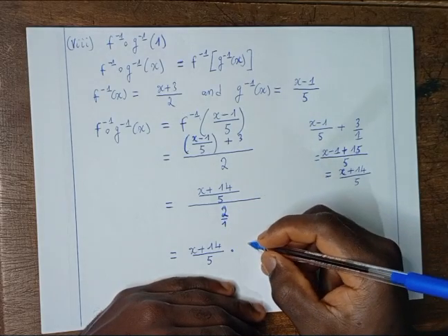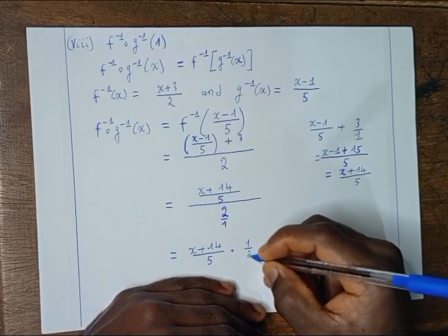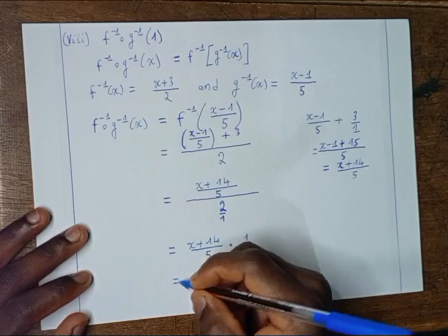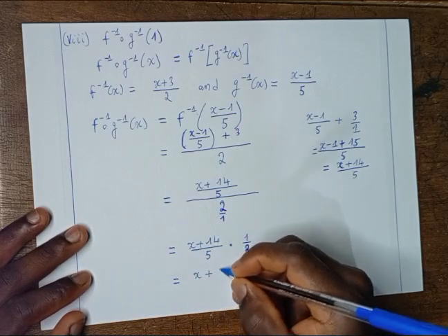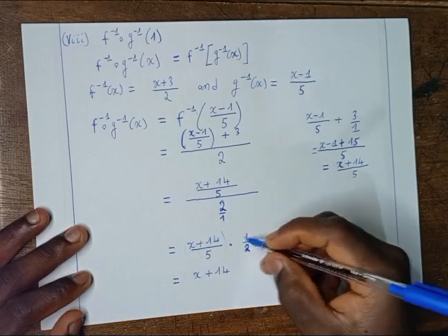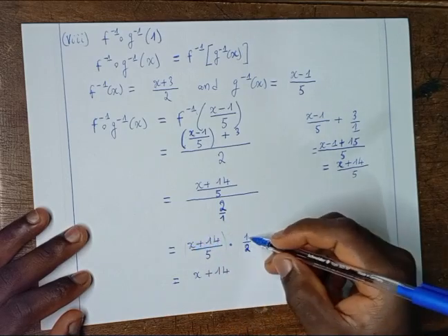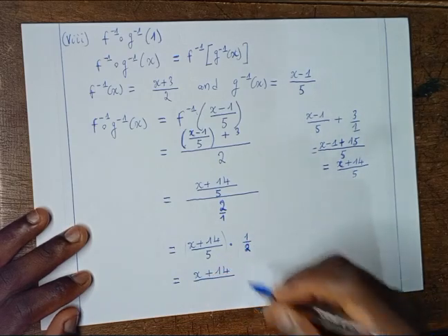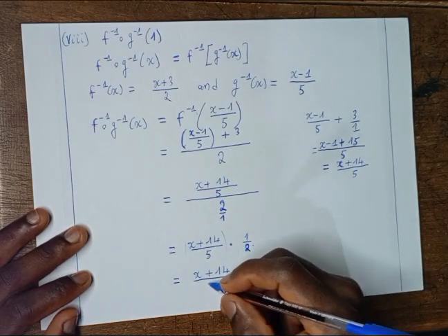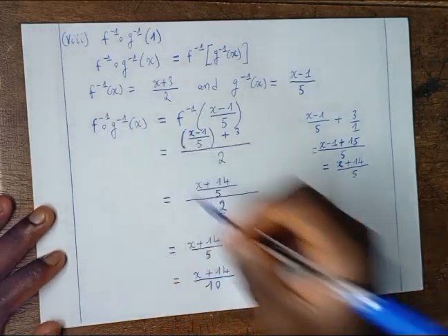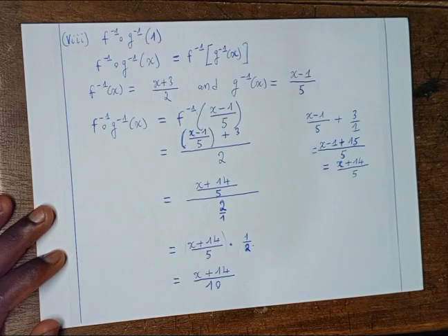This will give us times a half, which is simply equal to x plus 14, because if you multiply this numerator by 1, it remains the same, x plus 14 all over. Next, we have to multiply the denominators. 5 times 2 will give us 10. So this gives us our f inverse of g inverse of x as x plus 14 over 10.